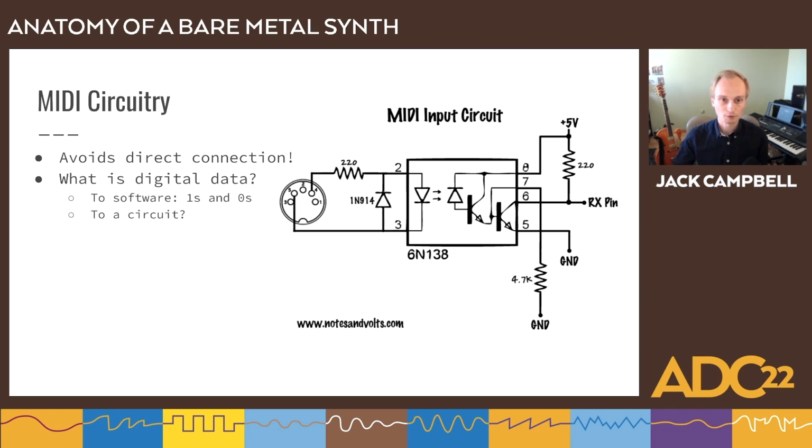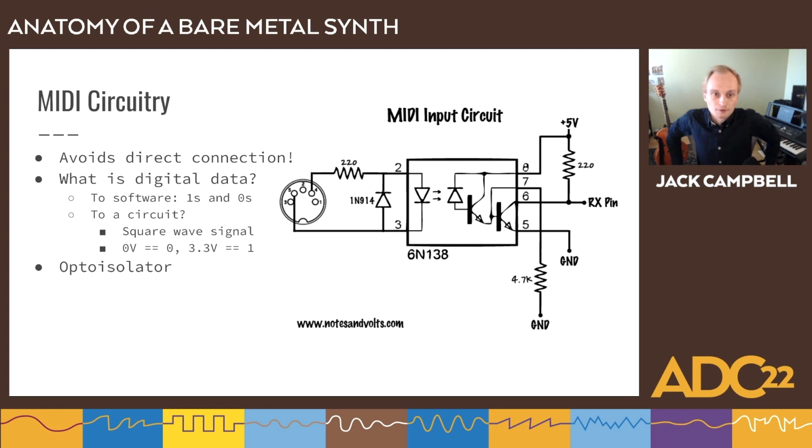To a circuit, a 1 and a 0, digital data in the physical world is just a square wave, where the 0 state of the square wave corresponds to 0 volts, and then some non-zero reference there, 3.3, I think in this case, sometimes it's 5 volts, is a logical 1. And if we can get the data from that signal and pass it from one side to the other without the electrical component, then we can achieve this goal of breaking the connection.